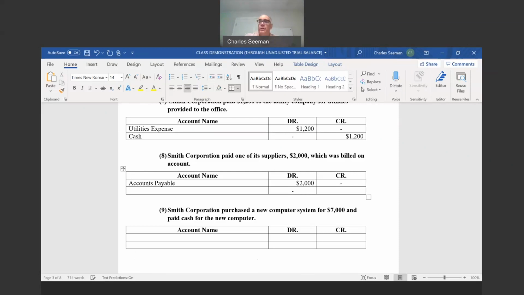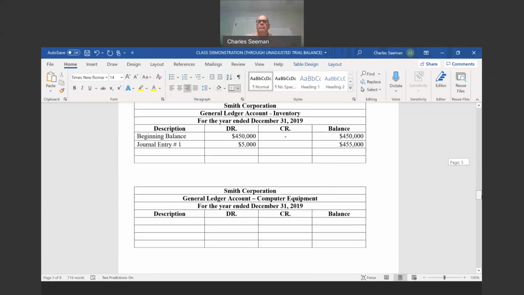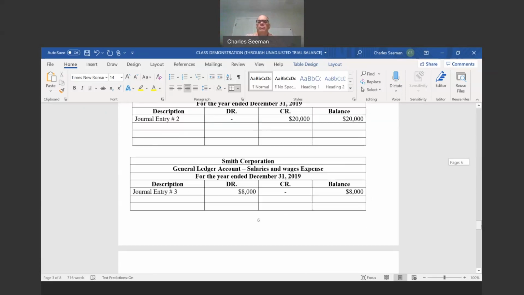Because we don't owe. We pay. Cash is an asset. We reduce assets accounting equation. You increase an asset by debit and decrease an asset by a credit.